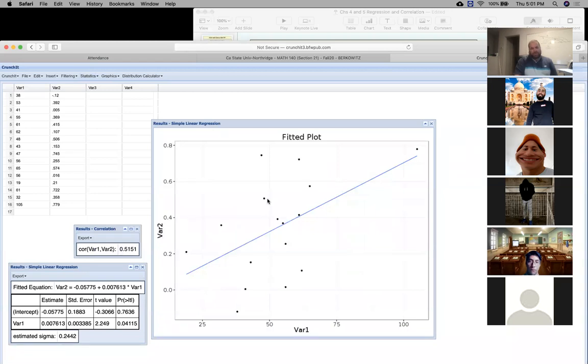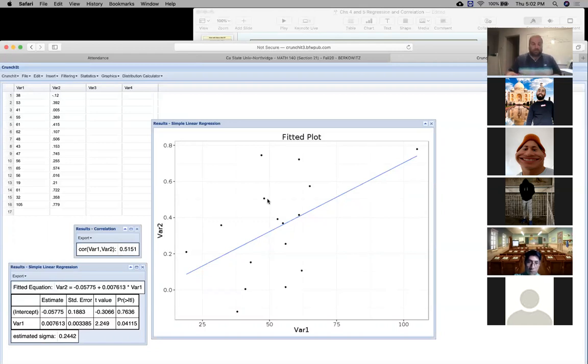Keep in mind, if you look at the scales of these axes, the x-axis is going from 25 to 100 and the y-axis is going 0 to 0.8, so the numbers might not seem obvious. But when I look in the book for this problem, I get y hat equals negative 0.0578 plus 0.00761 x.